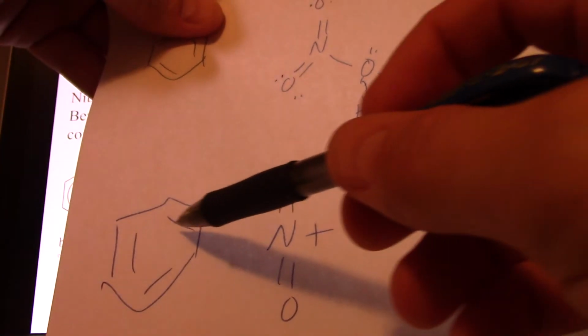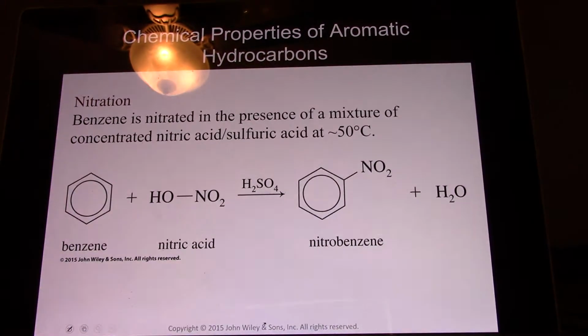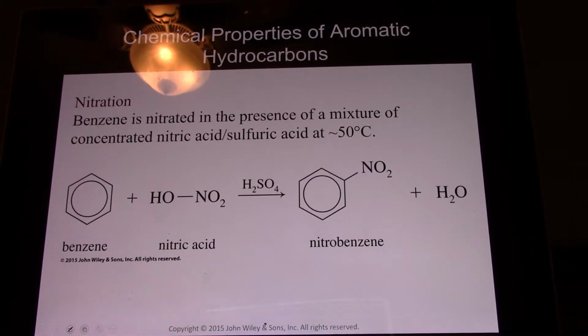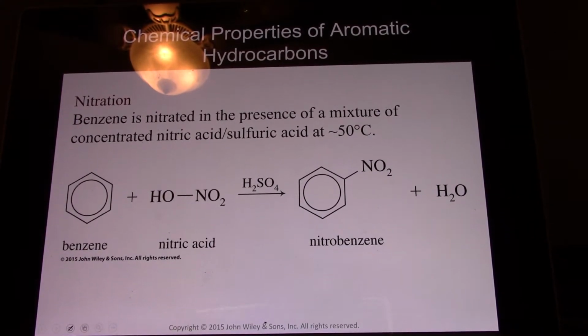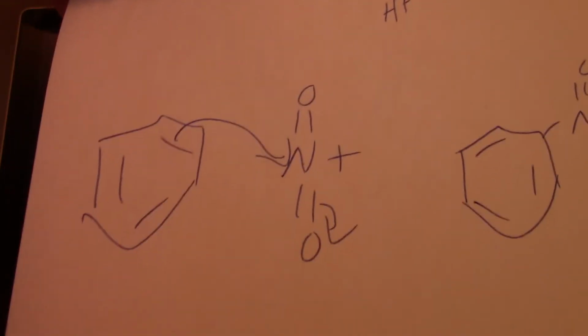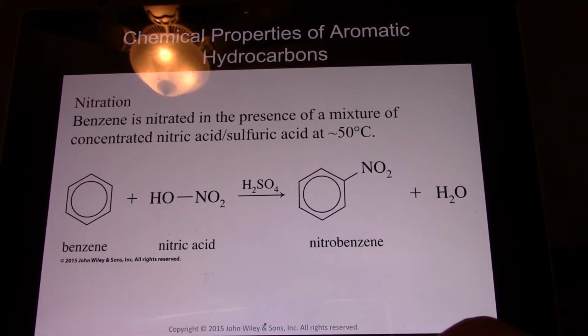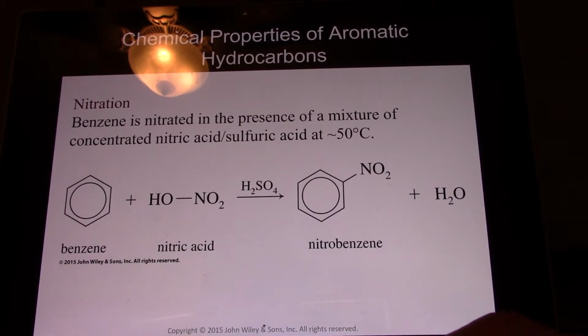So now we have a positive charge on nitrogen, and that's why the electrons will attack it, giving us nitrobenzene. And so the sulfuric acid is necessary to activate the nitric acid and form that super reactive species so it'll attack. And that's why sulfuric acid is necessary to catalyze this nitration.